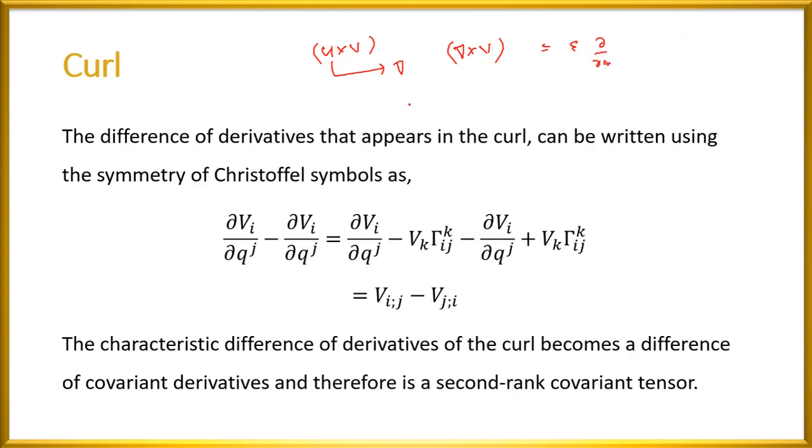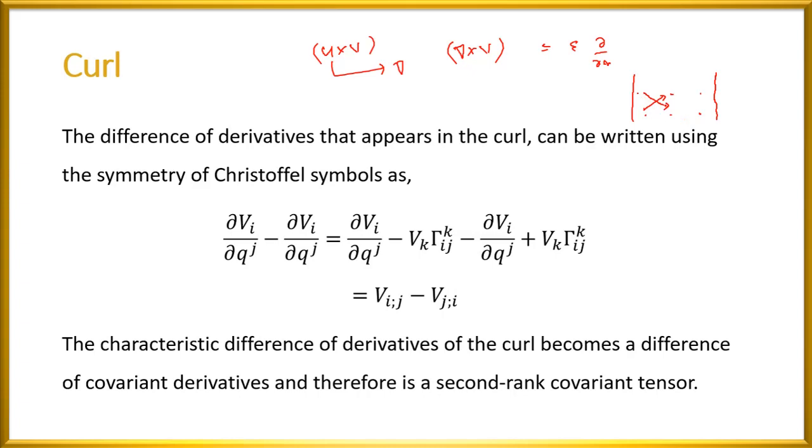So in a curl operator, when you are doing it in the matrix formation, you know that we have to take the products over here. That is, you will have all the partial derivatives in your second row and all the components in your third row.